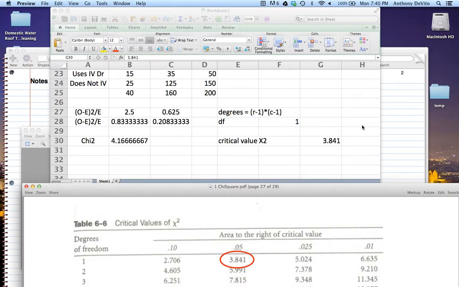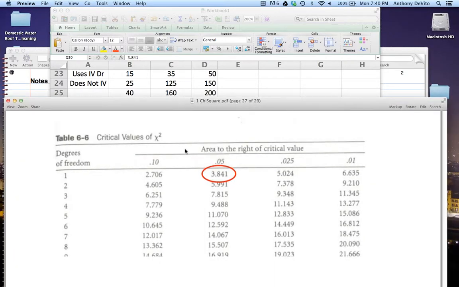Somebody asked me to go back over the interpretation of that graph. I want you to understand the graph, but the real critical thing to hang on to here is that you have to know when to reject your null hypothesis. That's given to you by your chi-square table and your degrees of freedom.